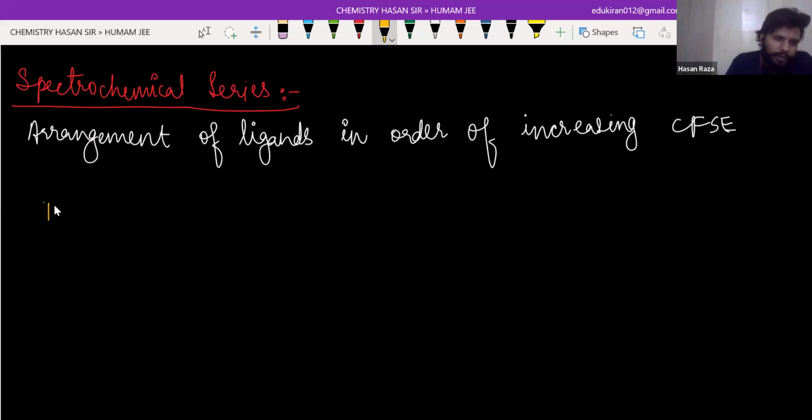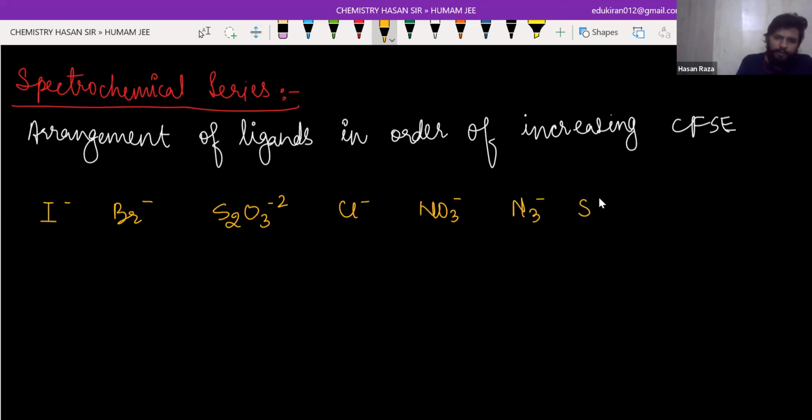So the lowest one is your I minus, then Br minus, then S2O3 minus 2, then comes your Cl minus, NO3 minus, N3 minus, S minus 2, F minus. It is in increasing order.